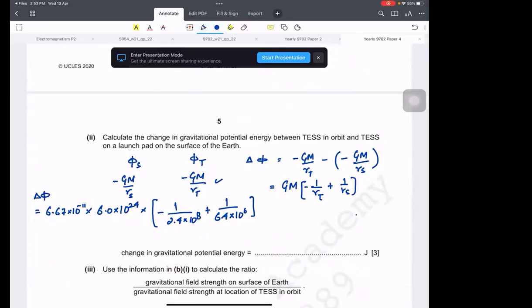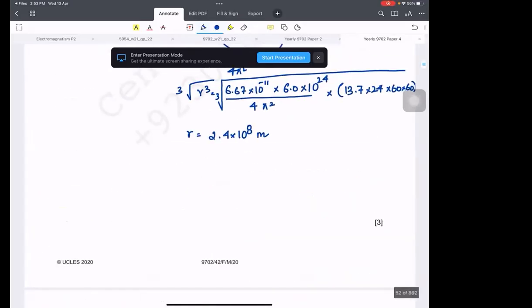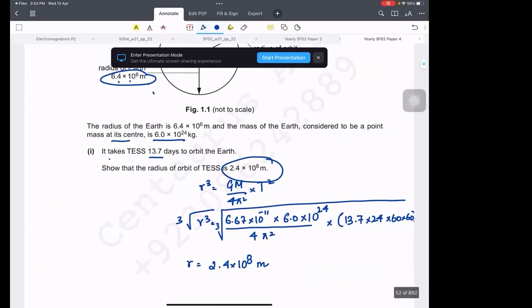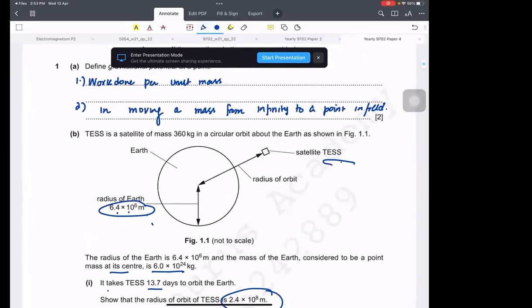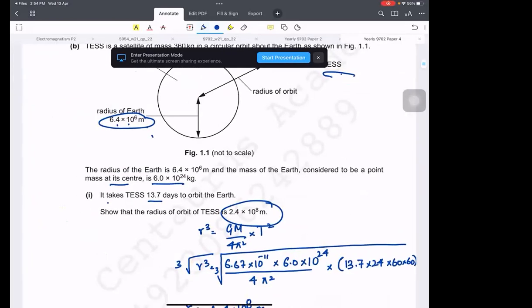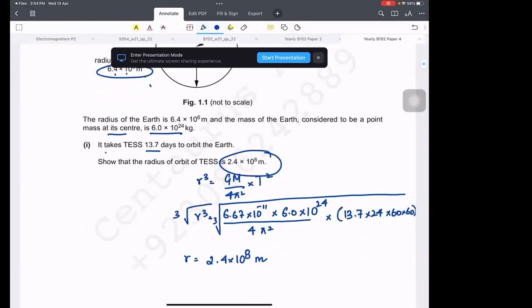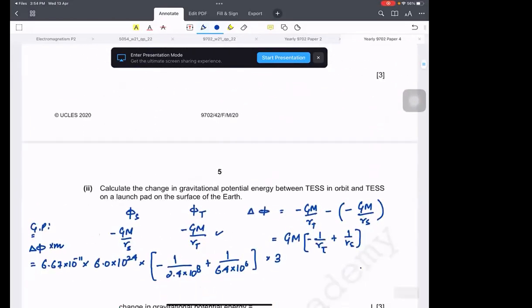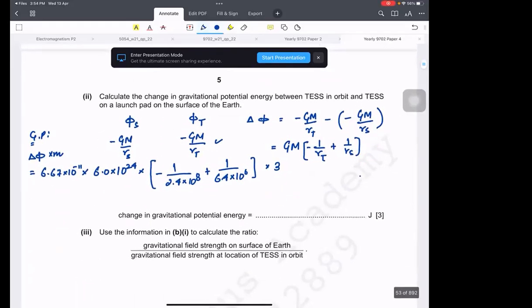And then if we multiply mass with it, this will give me the gravitational potential energy, and it gave 360. No, 360. Yes, I saw. Wait a second.